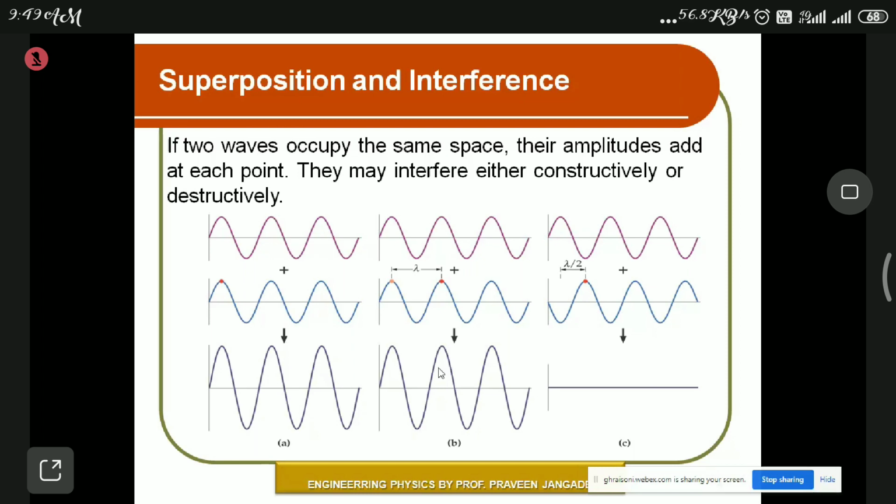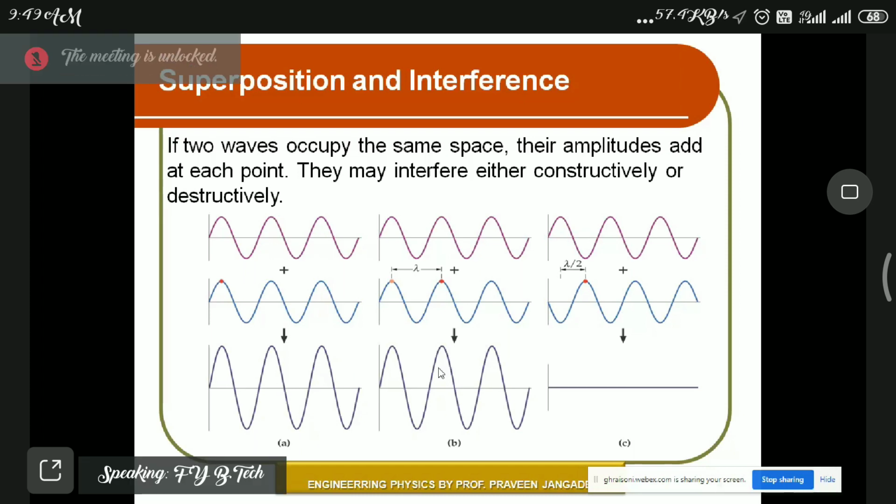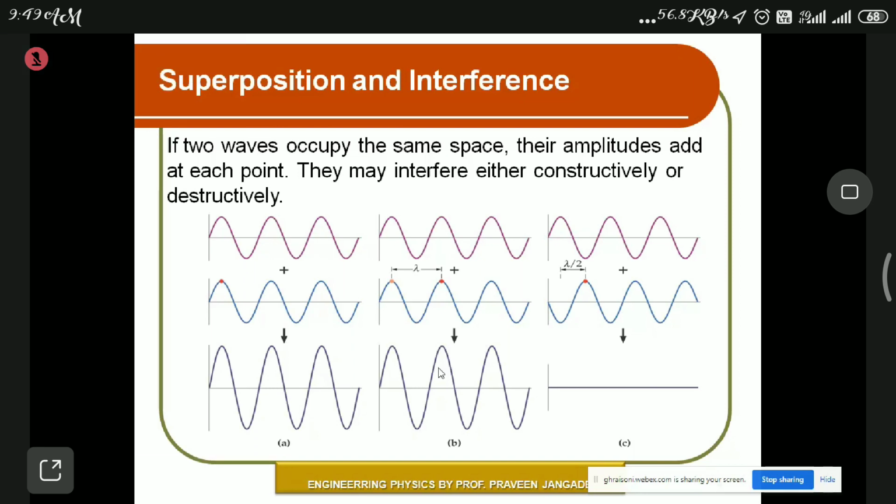Intensity I is proportional to amplitude squared. If the amplitude is 2, the intensity becomes 4. If the amplitude is 4, the intensity becomes 16. So if the amplitude increases, the intensity also increases.